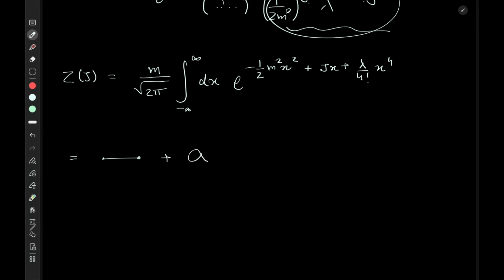For example, this diagram, maybe a combination of this diagram and this diagram, some other diagram may be somewhat like this. This is also a diagram with 4 external sources and 1 vertex.